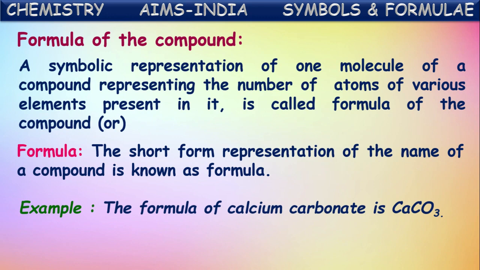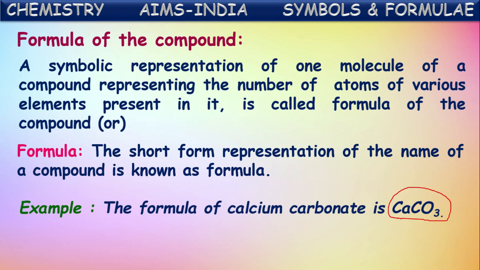For example, the chemical formula of calcium carbonate is CaCO3. So instead of writing calcium carbonate in chemical reactions, we can simply represent it with CaCO3. This also represents the same calcium carbonate. Now this CaCO3 is a shorthand notation of calcium carbonate, so we can say CaCO3 is the chemical formula of calcium carbonate.